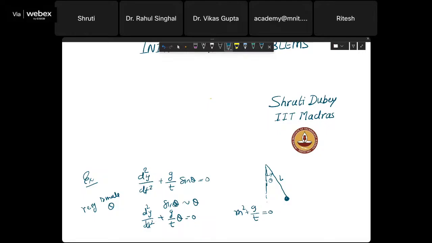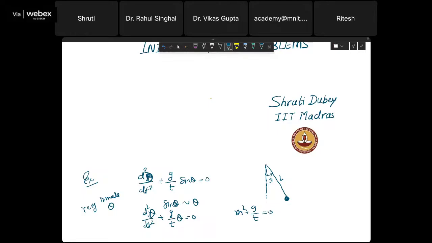Okay, this is not y, this is theta. So I'm taking the displacement here. So this will be d2 theta by dt square. Here, this is the second order equation, and you are writing it in this way. So we are solving this, and we are getting the solution. So easily we can find out the solution.